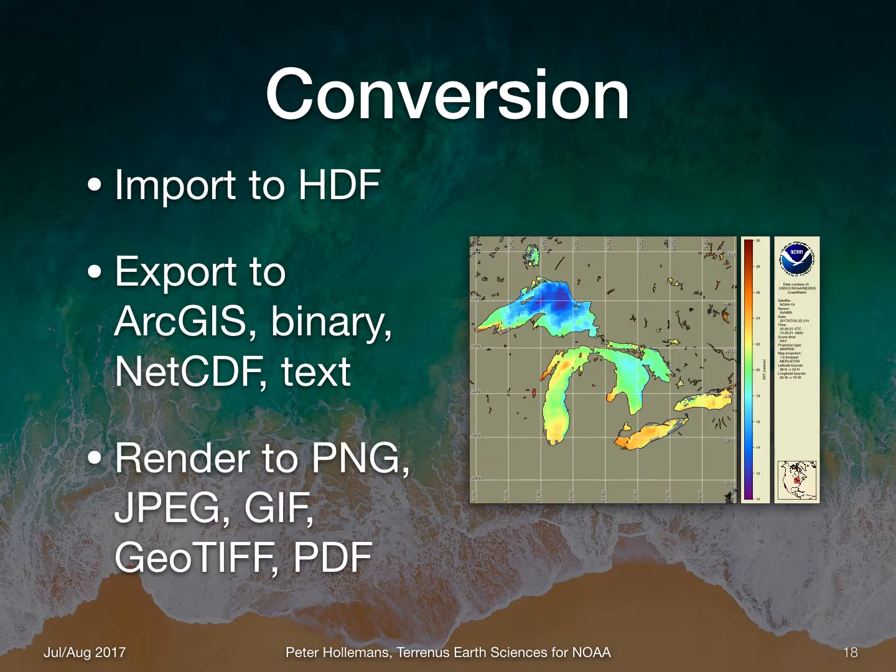Rendering to color images with vector data such as coastlines and bitmask overlays, cloud masks for example, also custom overlays, and rendering those images to PNG, JPEG, GIF, GeoTIFF, PDF, and also, not shown here but important, rendering to red, green, blue color composite data, and also vector wind data and currents.